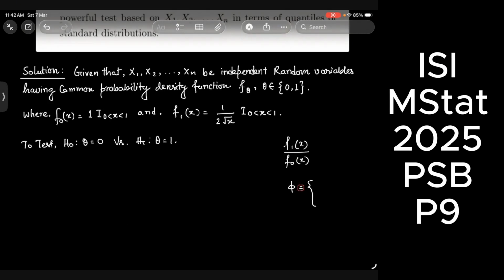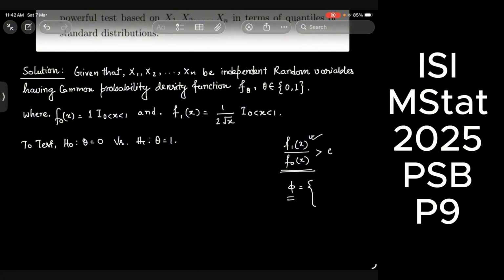So what is the phi function? What is the test function? The test function depends on this, right? Yes. And your test function is defined with respect to this. If this is greater than some c, then we reject, right?